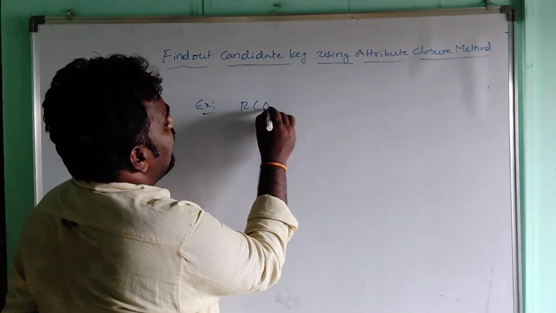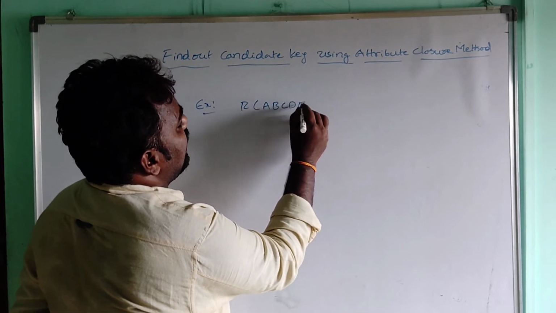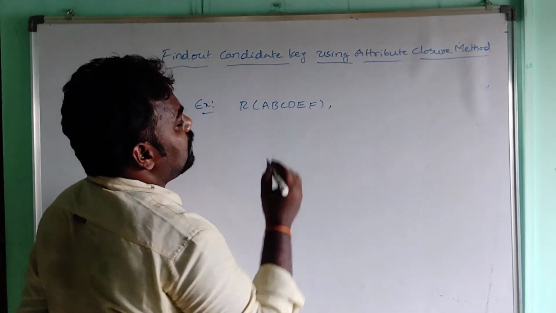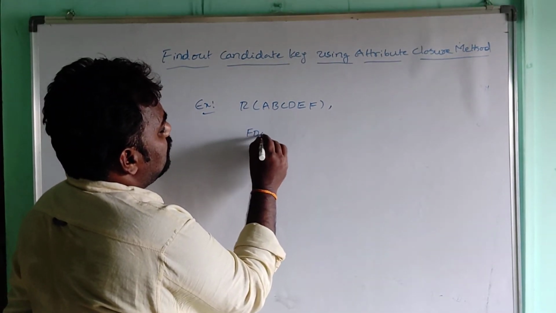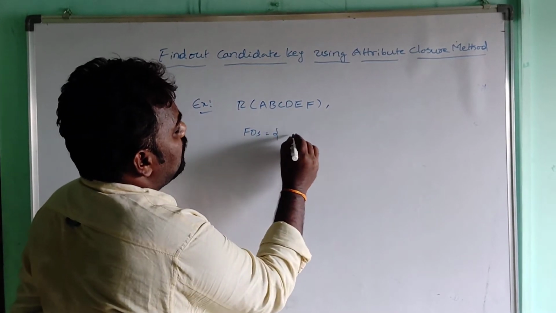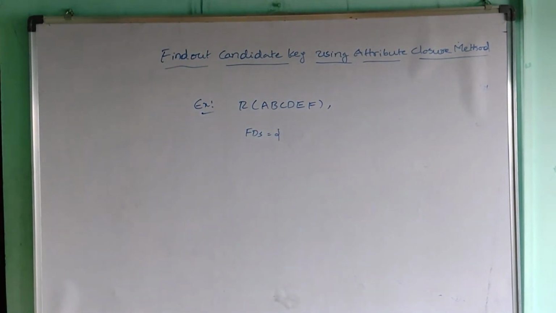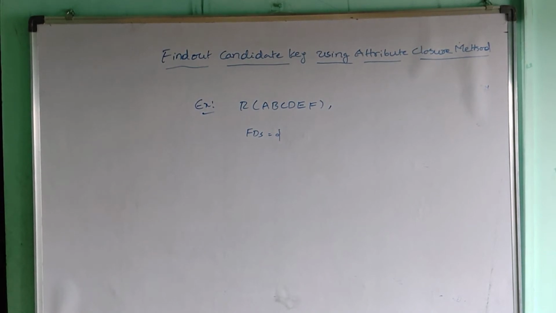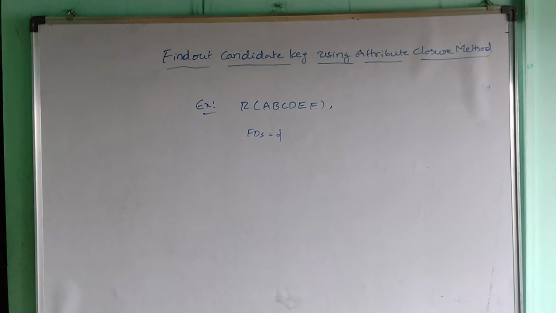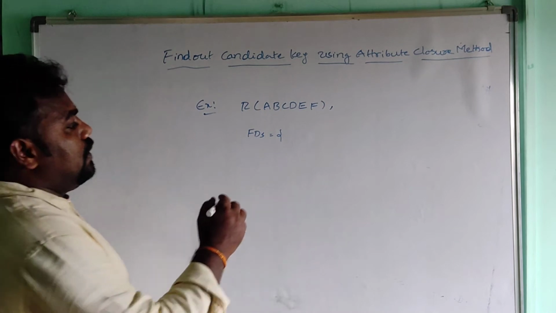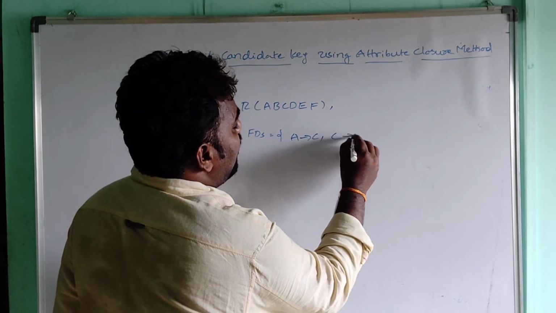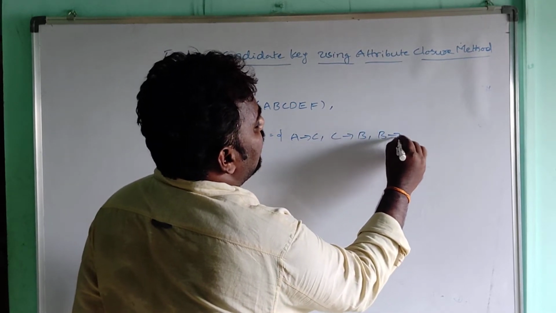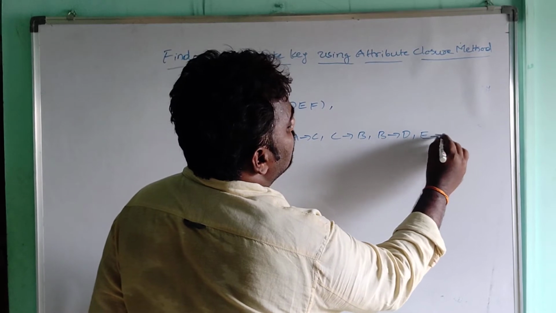The given relation is A, B, C, D, E, F. The functional dependencies for this relation are A to C, C to B, B to D, and E to F.